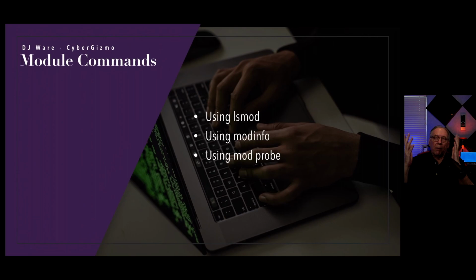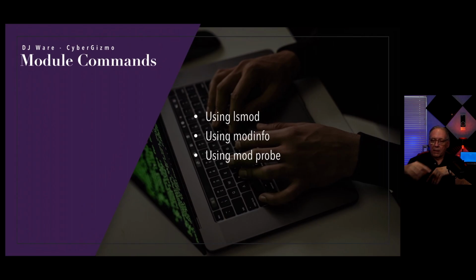And you can also probe the ones that are built in. And then there's modprobe, which is used to install new modules or remove modules. It also has a dry run feature, which allows you to see what the impact is going to be to your system. It'll show you that if you load this module, you have these dependencies that are going to come along with it. And yes, modules have dependencies just like packages do. So it's possible that you could have a whole string of dependencies coming with the module that you want to install.